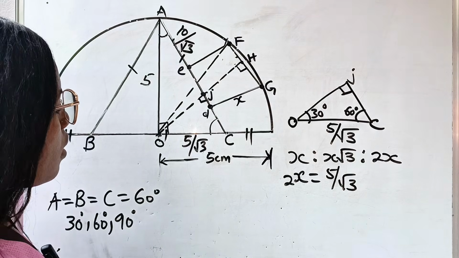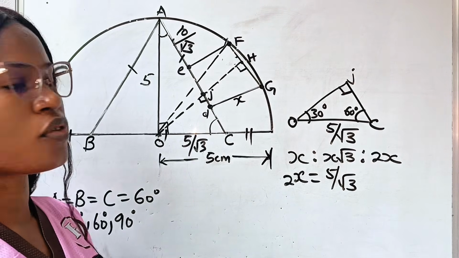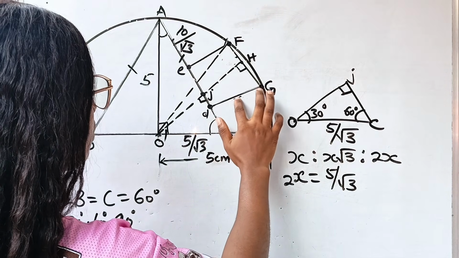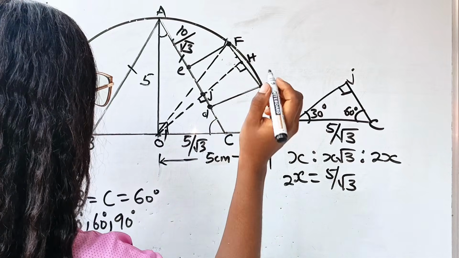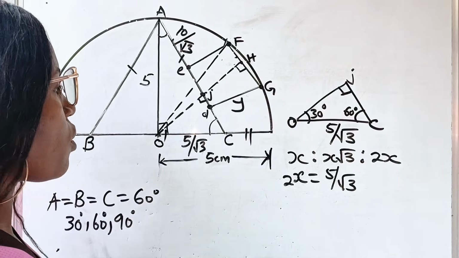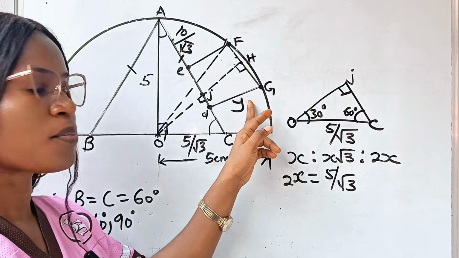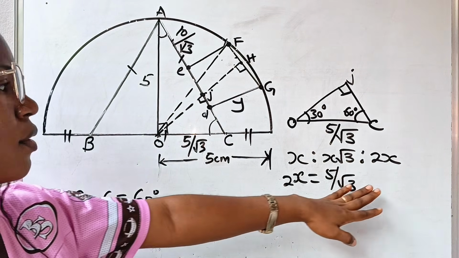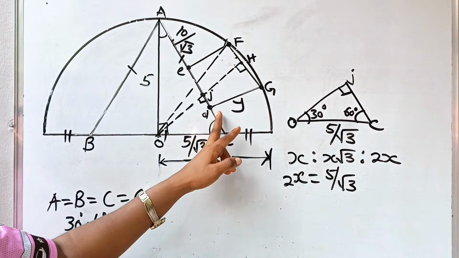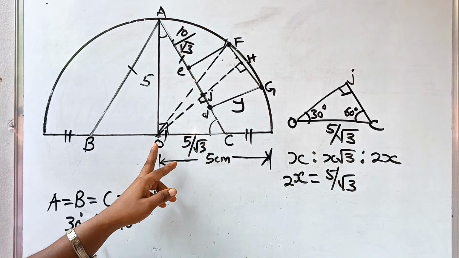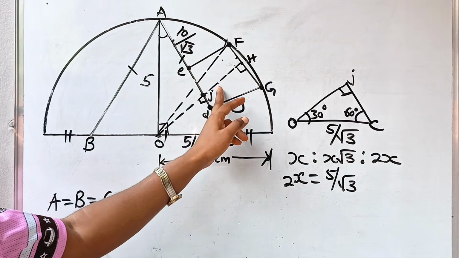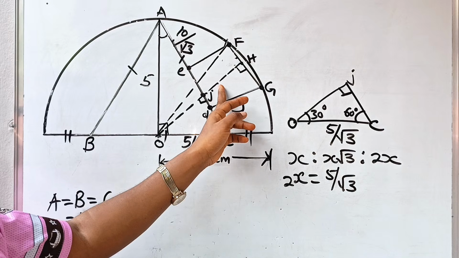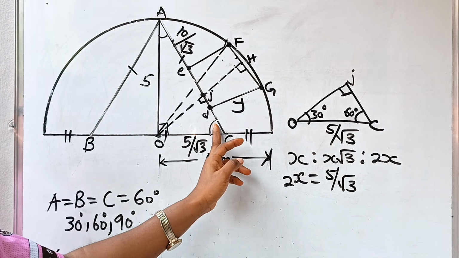So in order not to confuse us, let me change the side of this triangle to something else. So let's call it y. So that you don't mistake this x as this x. I'm just using the ratio to find the sides of this our triangle. My intention is to find OJ, and OJ is the side facing the 60 degrees.